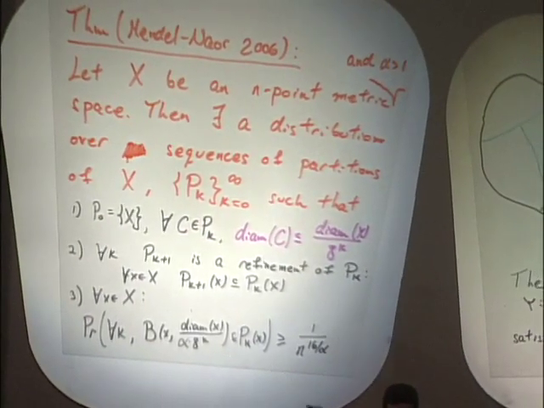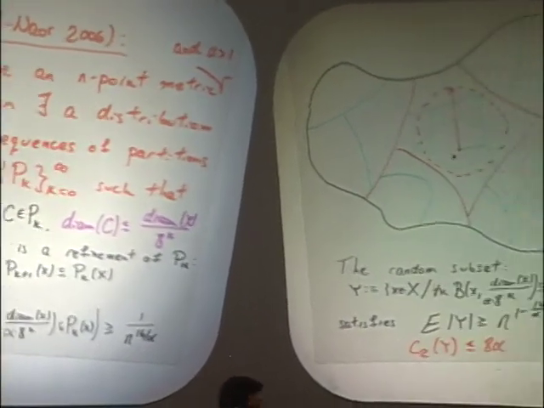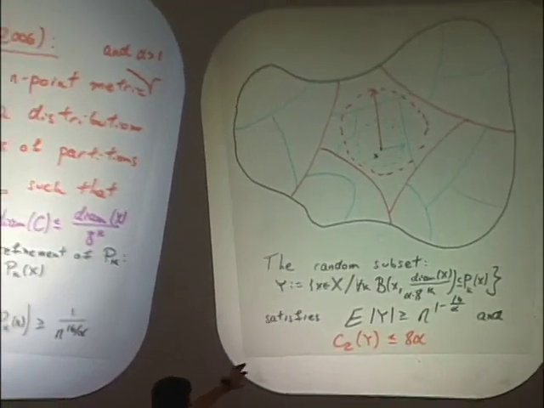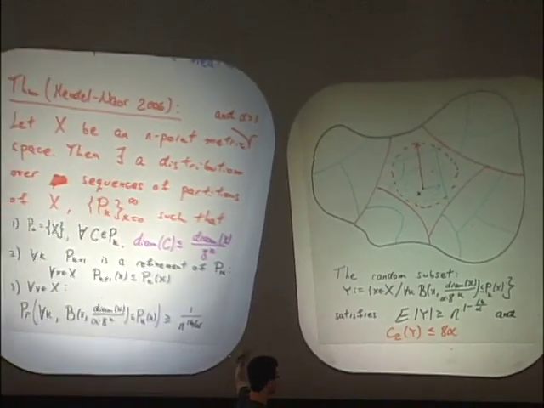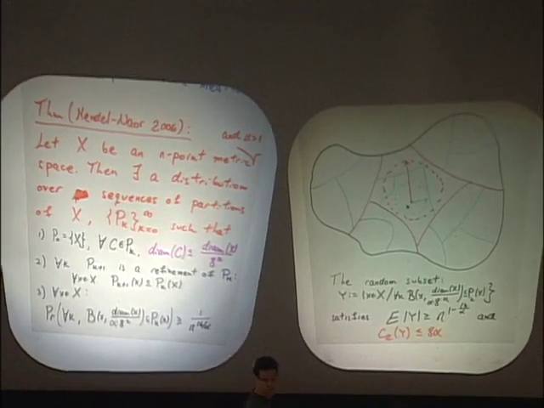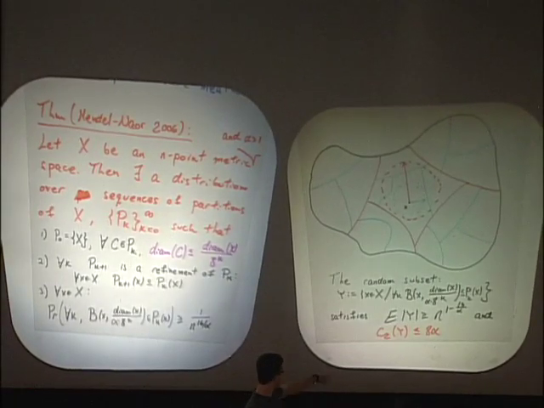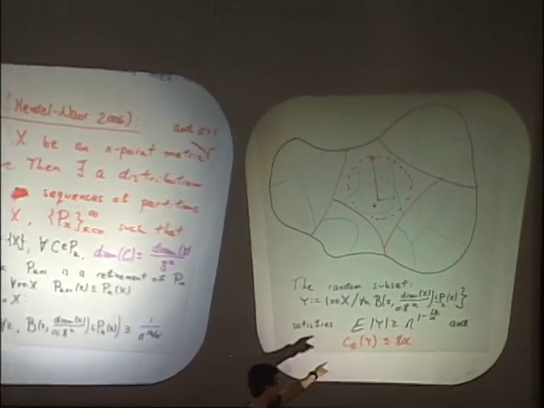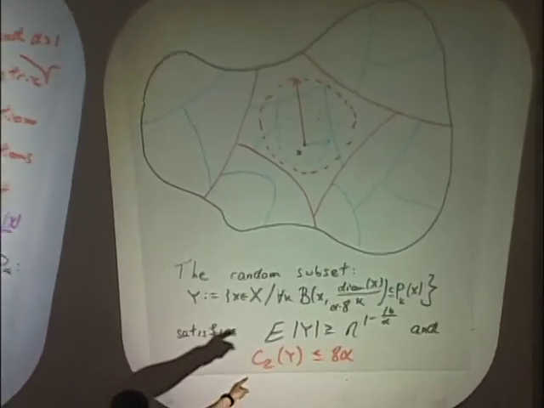So it's a random subset, depending on the randomness of the partition. Each fixed point has probability n^{-16/alpha} to be inside it. So in expectation, the number of points in this random subset is n^{1-16/alpha}.